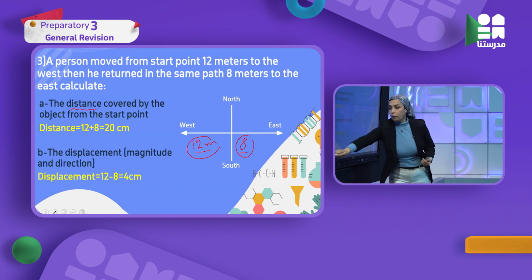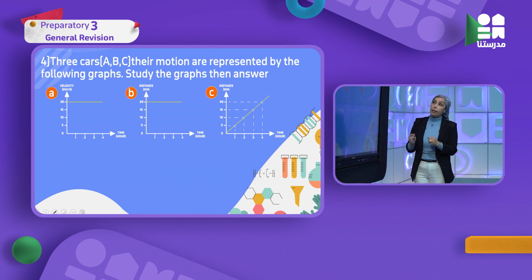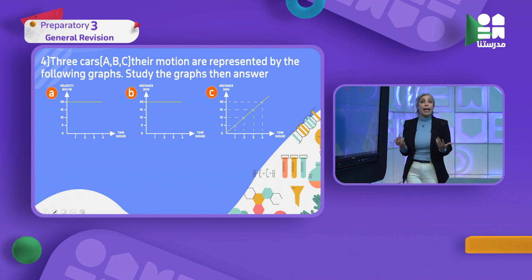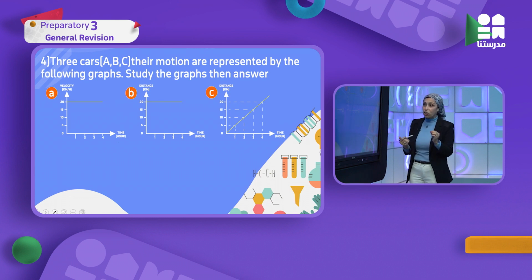Next type of problem. Here, 3 cars, A, B, and C. Their motions are represented by the following graphs. Study the graphs, then answer. I have 3 cars, each moving with this shape, and he's going to ask me many questions on these graphs. Analyze and pay attention. You have to analyze the graphs very well.